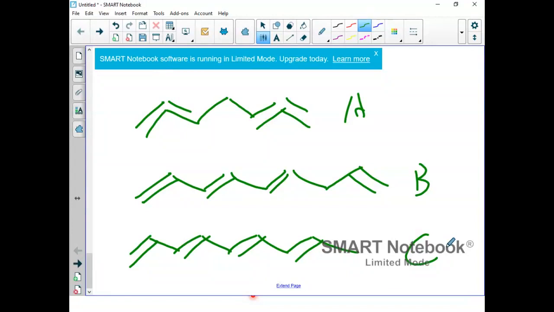You have a sequence of 8 carbons, all of them sp2 hybridized. You don't have any sp3 hybridized carbon in the middle. So yes, this is a conjugated system with 4 double bonds. C has no conjugation. I mean, A has 0 conjugation.